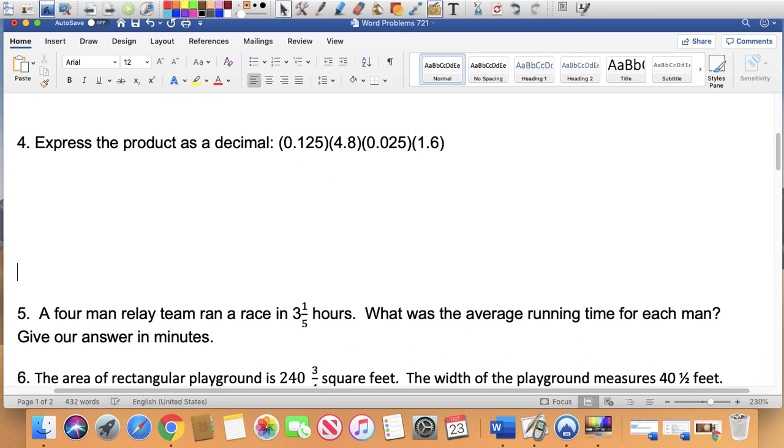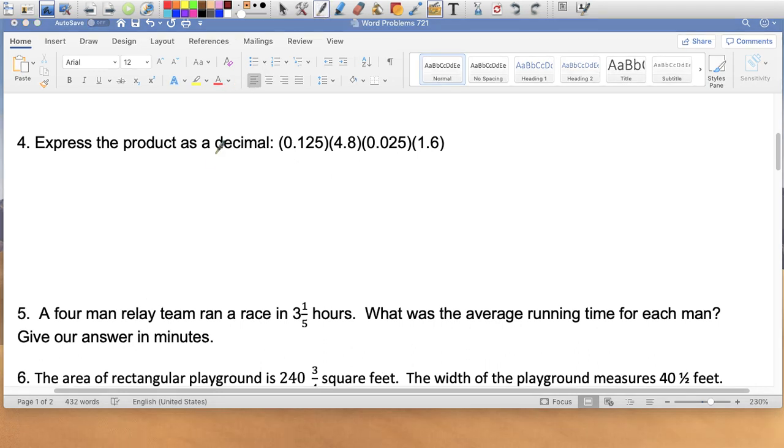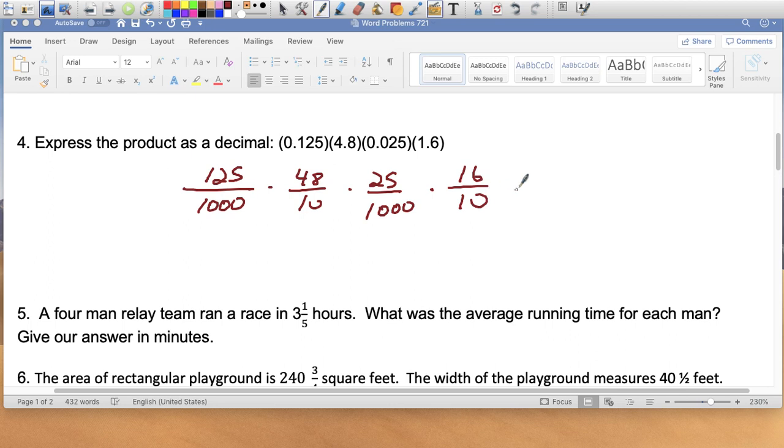Okay, so I mean, if you don't have a calculator, I would probably do this. I don't know if it's going to help me, but that's what I'm looking at. Times 25 over 1,000 times 16 over 10. Does that help me at all?